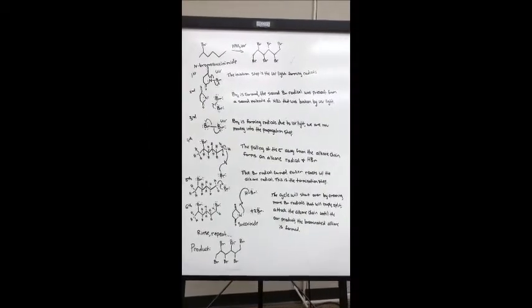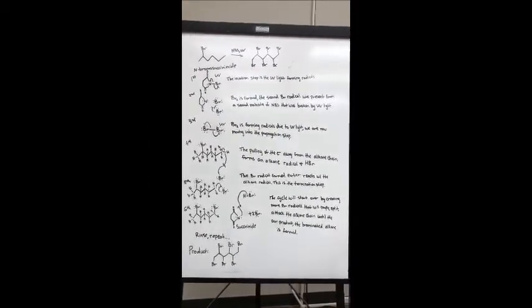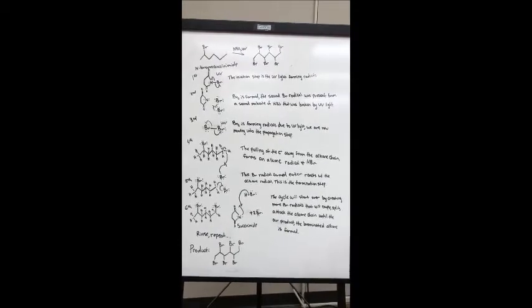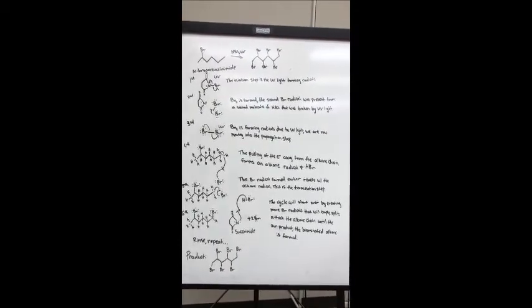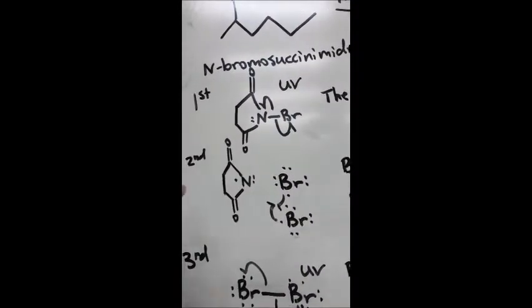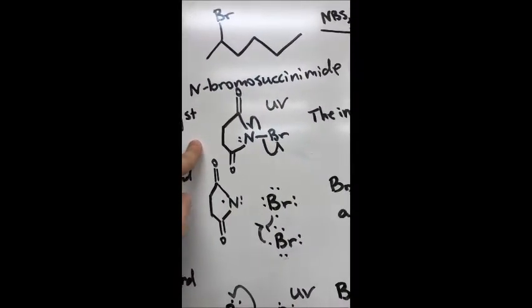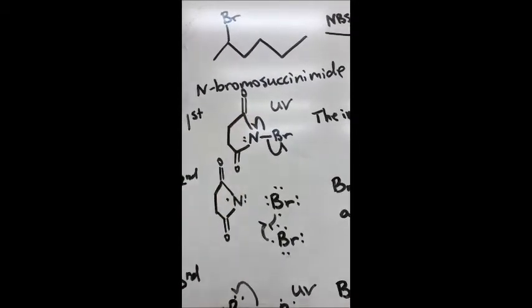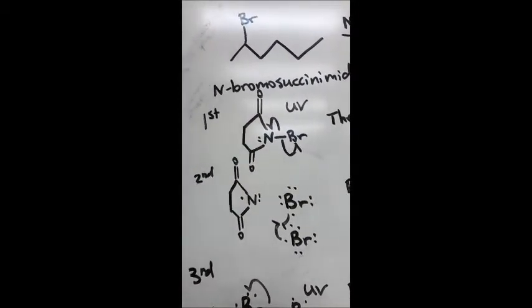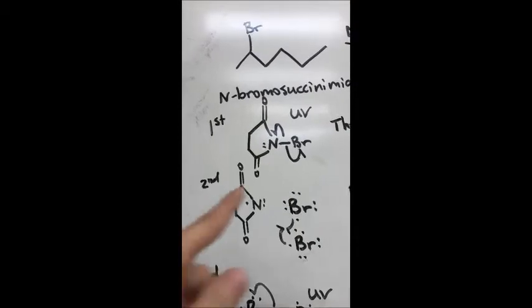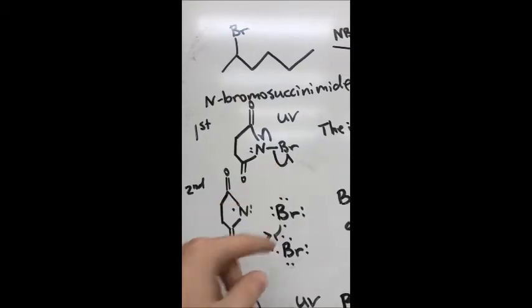In this mechanism, we are trying to form a brominated alkane. In doing this, we are using the reagent NBS in ultraviolet light. In the first step, you have N-bromosuccinimide with UV light. This is called the initiation step, as the UV light breaks this bond and forms radicals.